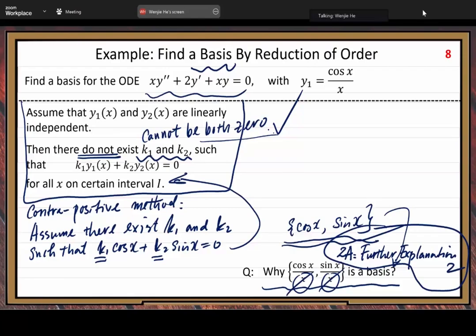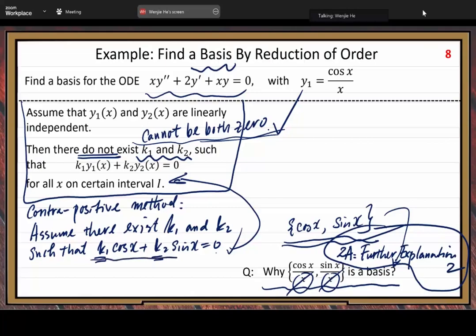If we show k1, k2 must be both 0, it's not allowed, so our assumption is not true. That means there does not exist such k1, k2.